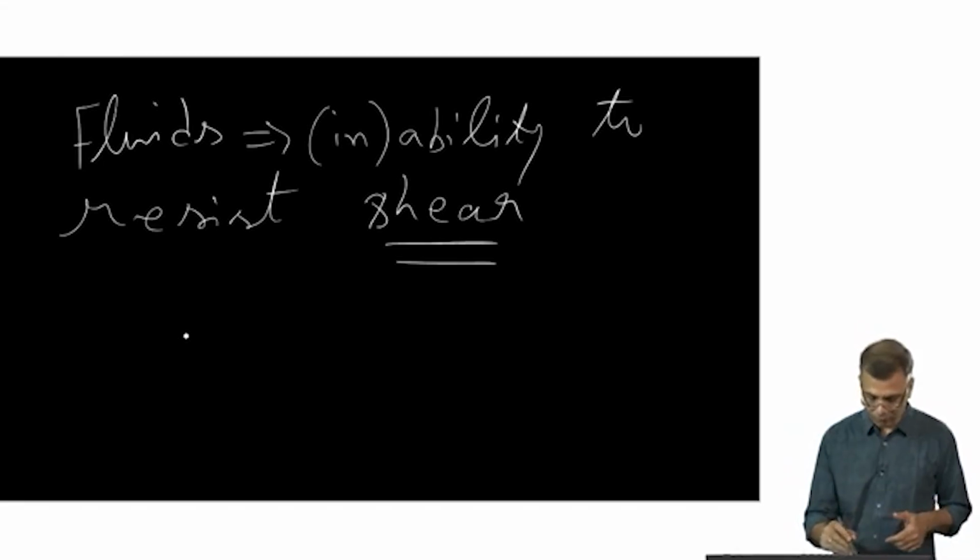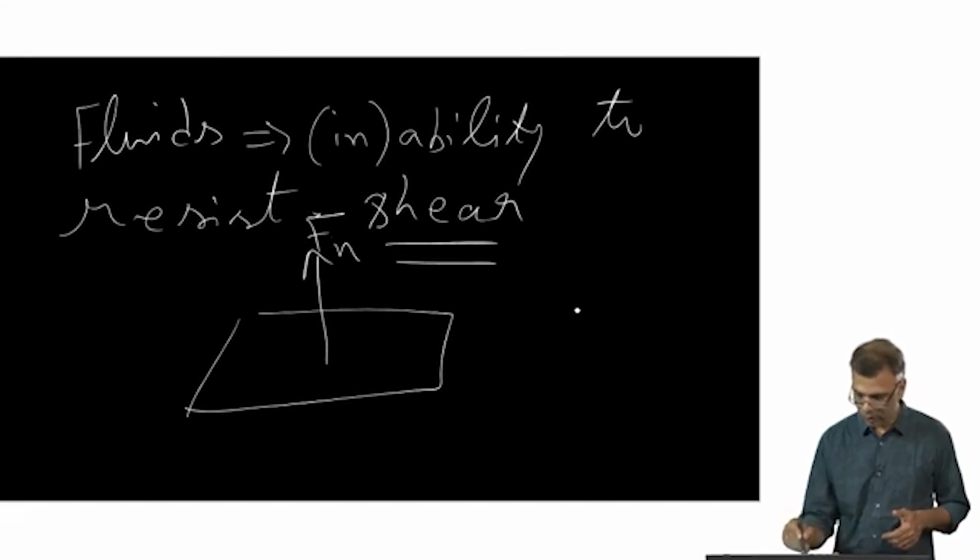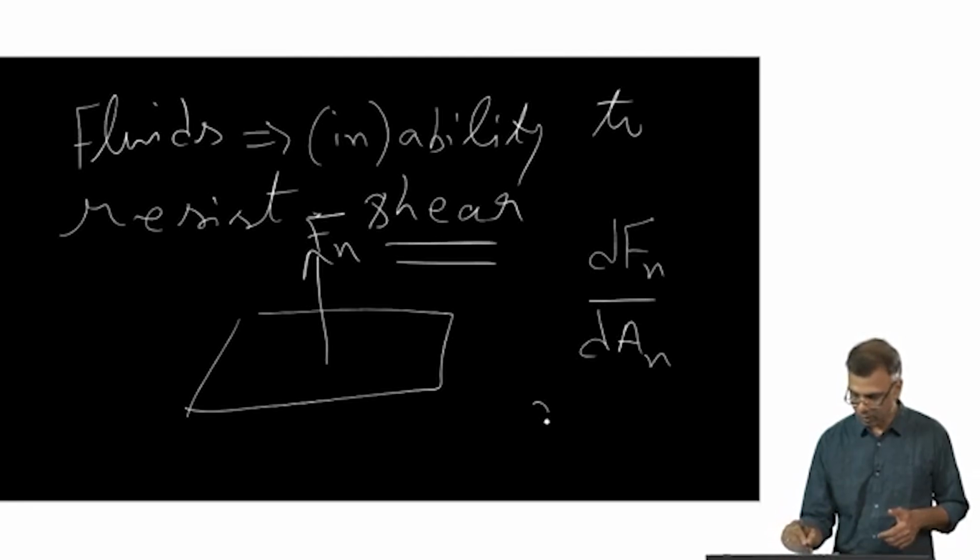So if you have an area element like this, this would be a normal force. So dFn over dAn would be a normal stress.